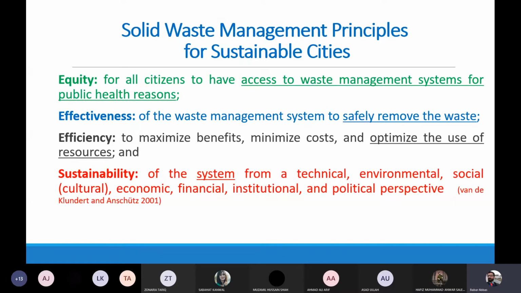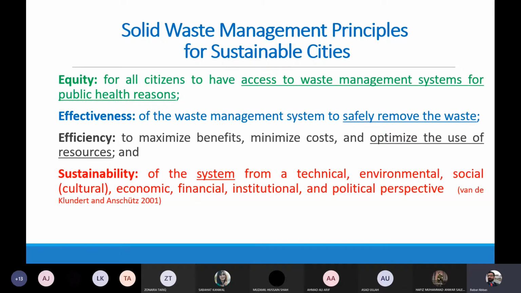So, the sustainability principle is incorporating a lot more fields in terms of its proper sustainable development setup. For example, it is not dealing with the solid waste management system only.